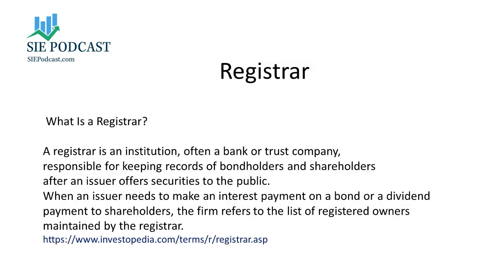The person that keeps the records for the corporation is called the registrar, and that's spelled registrar. Now, let's say you sell your stock to another person. When you sell that stock, the person that handles the transfer of your stock from your name to the other person's name is called the transfer agent.